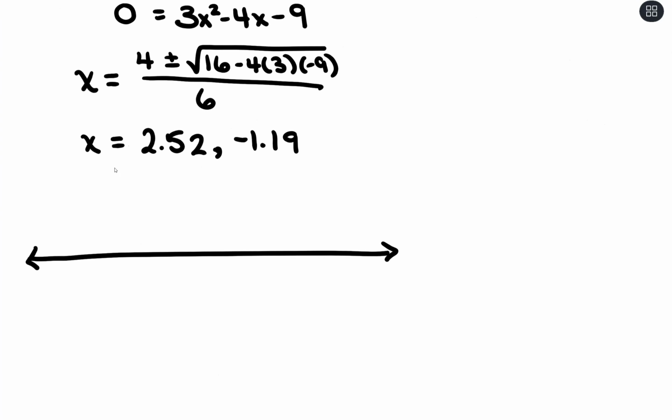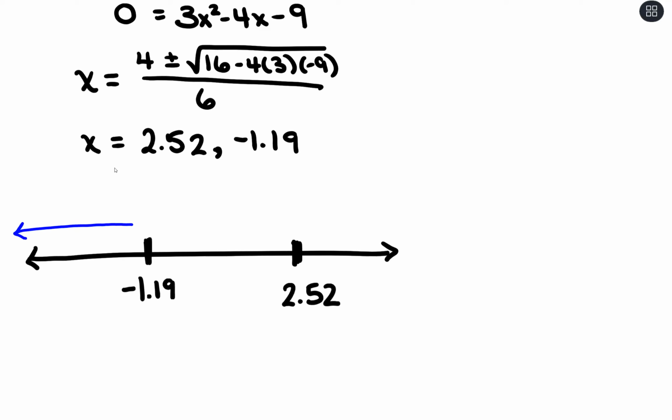So with that in mind, these values should be separating increasing and decreasing. What I like to do is think of a number line. We have this negative 1.19 over here on the left, and over here we have 2.52. So we're going to have 3 intervals, because these should be points where we're switching between increasing and decreasing. We just don't know how it's switching yet.